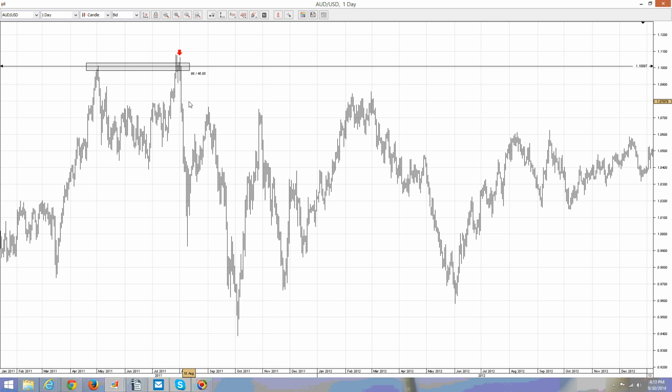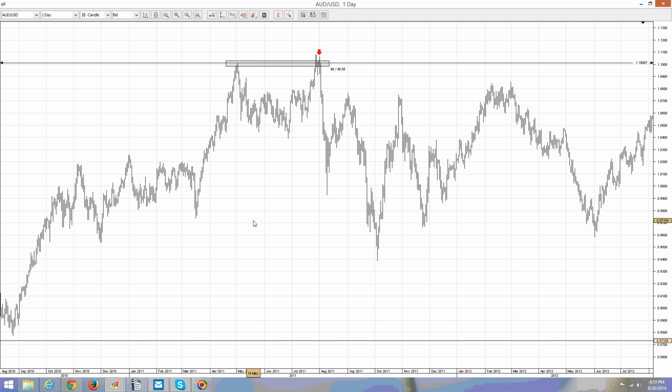But let's move on and keep these levels with us from this moment on. Then the market moved to the downside, but as you can see, the previous consolidation area was a triangle in here, and this triangle hesitated every time at 1.02.